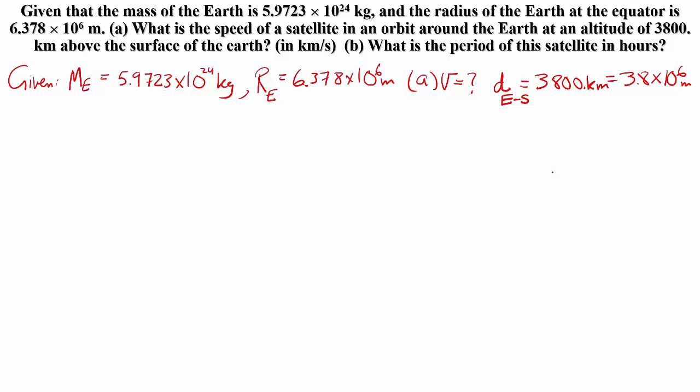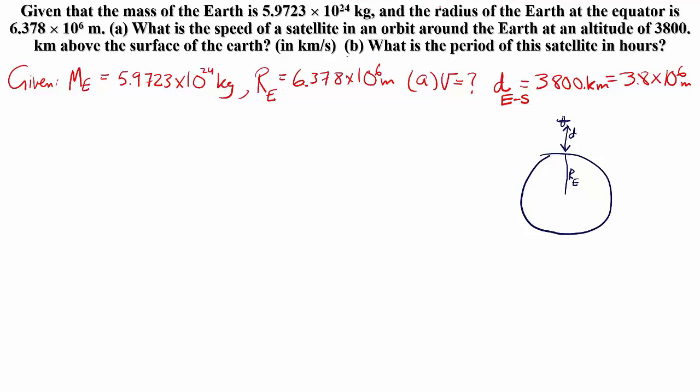So let's imagine the problem here. We can imagine here the Earth, and we have the satellite at some point above the surface of the Earth. We are given this distance d between the satellite and the Earth, and we are given the radius of the Earth. Now let's discuss the physics here. So you need to understand what's going on.